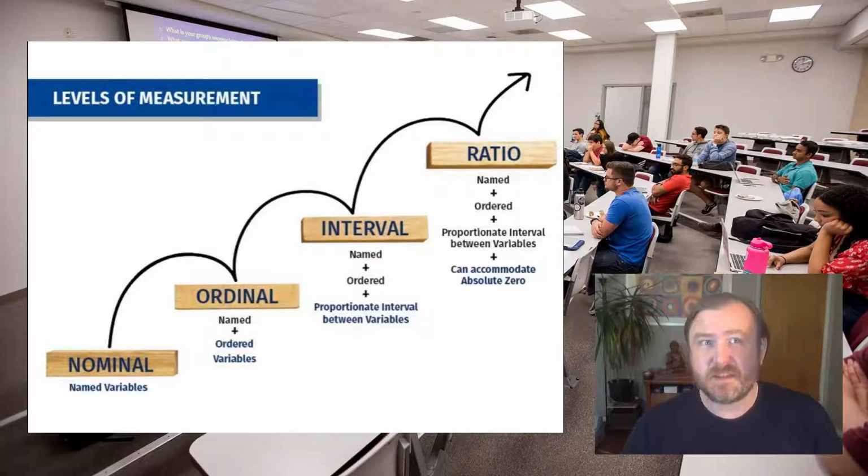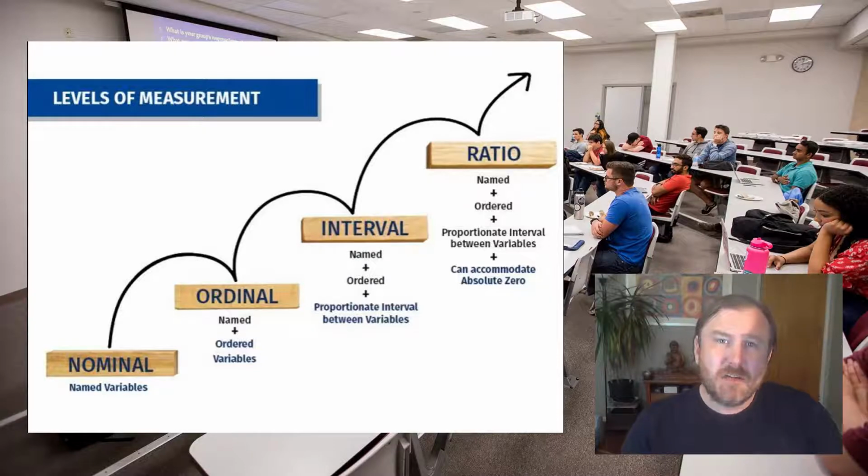Most assessments in psychology are technically considered ordinal variables. So another example would be medals in the Olympics, right? Gold, silver, bronze. There is an inherent order. Gold is higher than silver, which is higher than bronze. However, the limitation of ordinal variables is that you can't assume that there are equal units between each value.